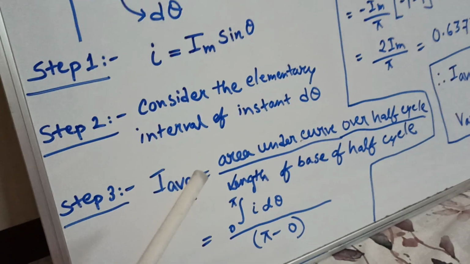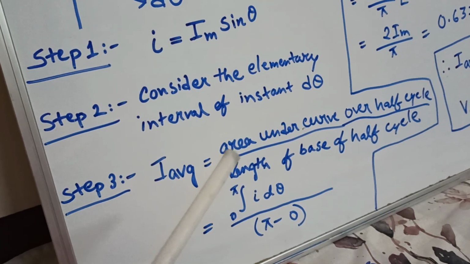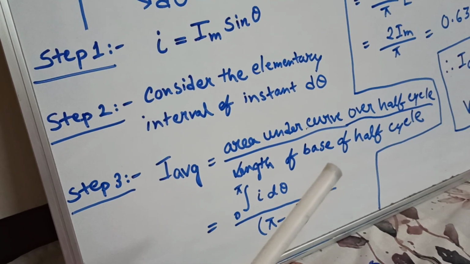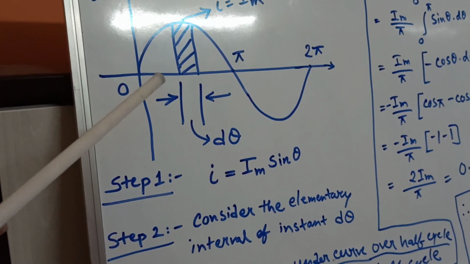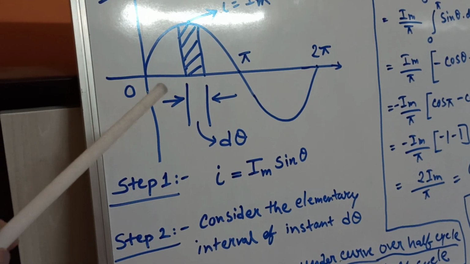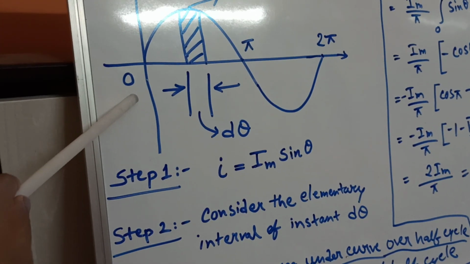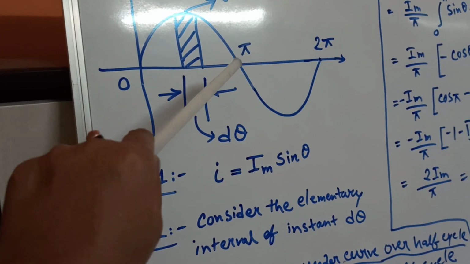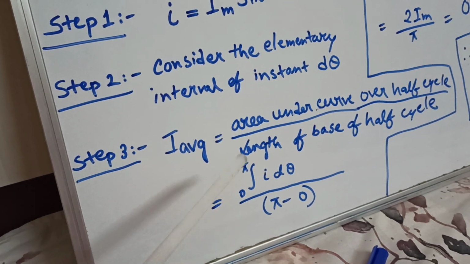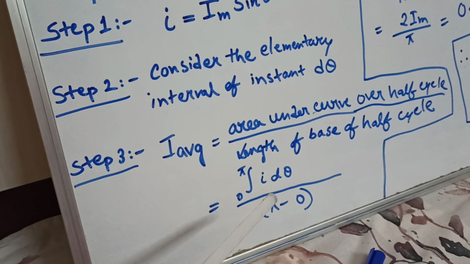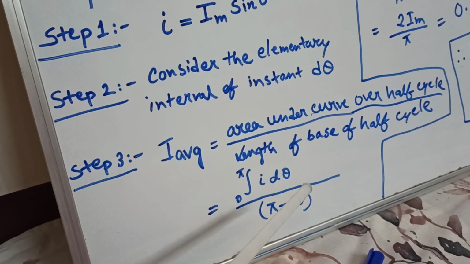In the numerator I have the area under the curve over half cycle. Over half cycle means I am considering the positive half. The span of this positive half is 0 to pi. That's why I have taken the integration from 0 to pi of i d theta.